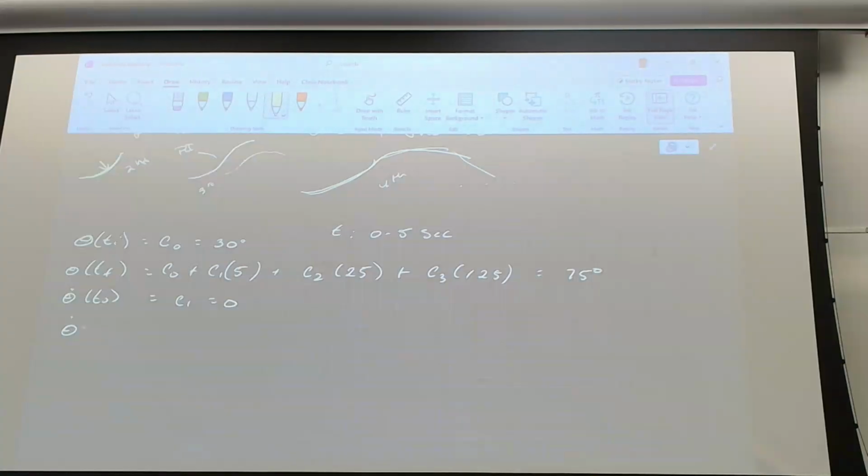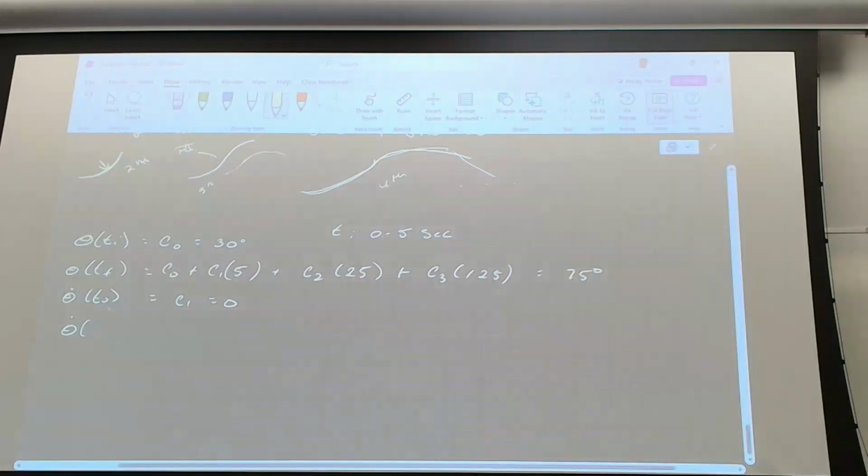Our final velocity, we want to come to a rest. And that way we can describe that through the polynomial equation of C1 plus the derivative; basically we take our derivative of theta to find theta dot.